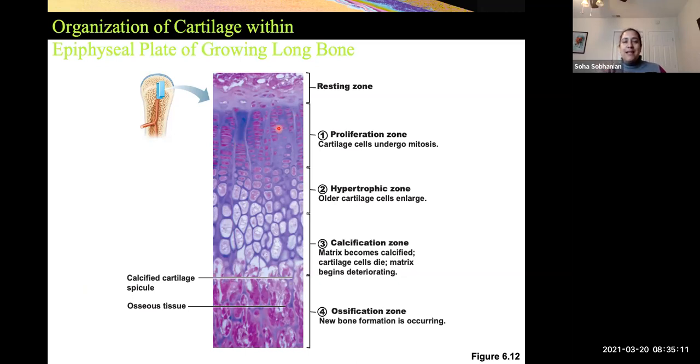So if I'm adding cartilage on the top, and that same amount of cartilage that I'm adding on the top is being replaced from the bottom with bony tissue, would I change the thickness of my epiphyseal plate? The answer is no. Is this making sense why it's no?